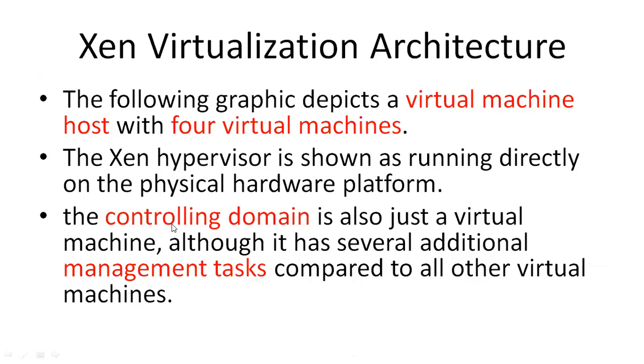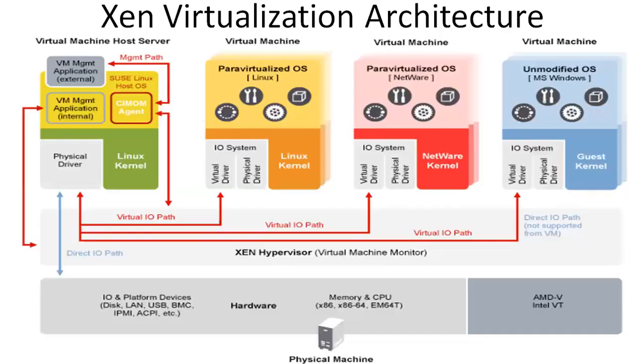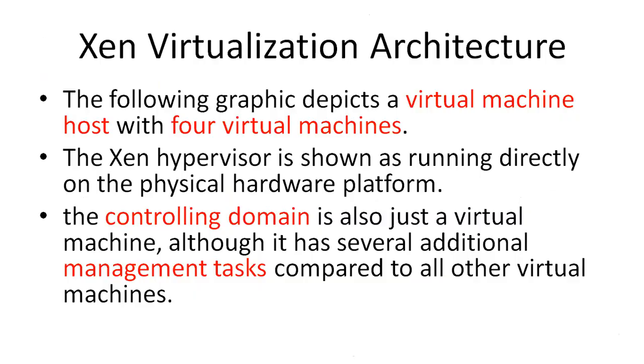Coming to the Xen Virtualization Architecture, this indicates that the Xen virtualization architecture consists of 4 virtual machines. Here, the Xen hypervisor is shown running directly on the physical hardware platform. What is the thing here? Even the physical server, the host server, is also called a virtual machine in this case.